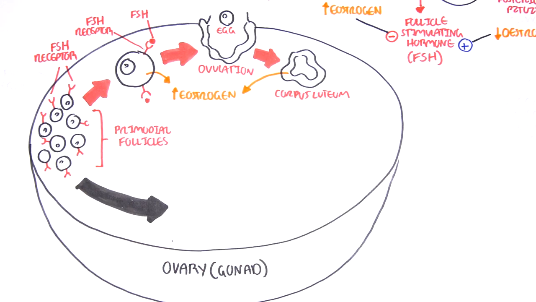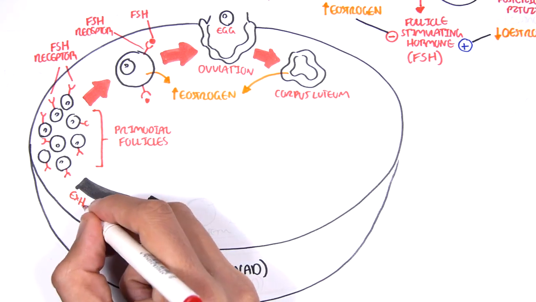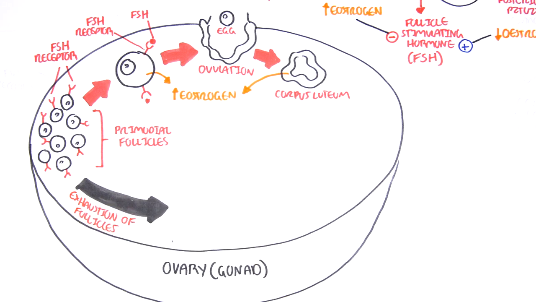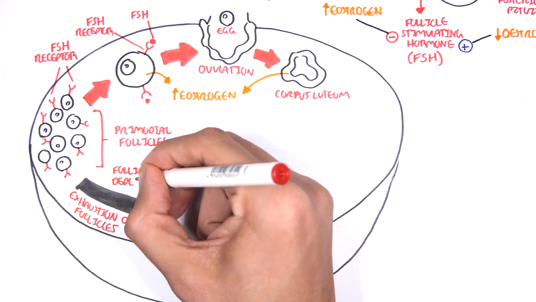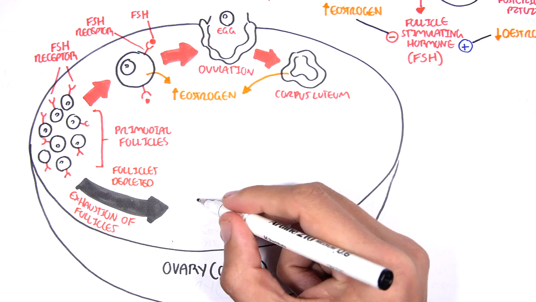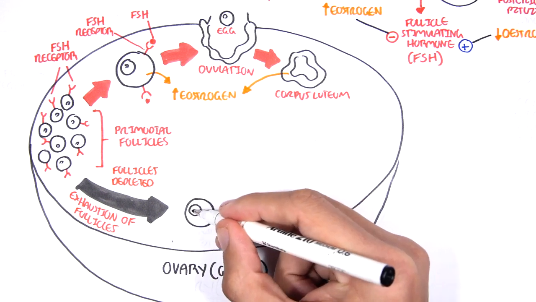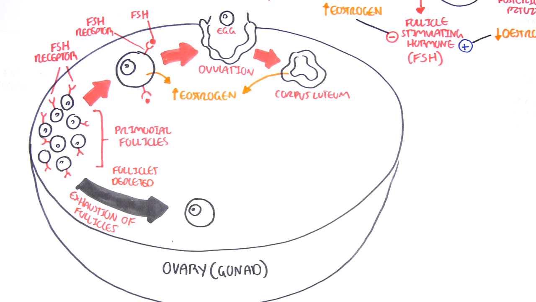So what happens is when a woman hits menopause, this is where there is an exhaustion of follicles, when the follicles are depleted, when there's little to no follicles left. However, in early menopause, there's still some follicles maturing, and so you do get estrogen, the estrogen concentrations are still there.